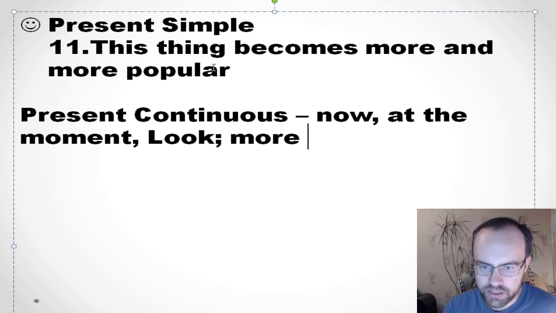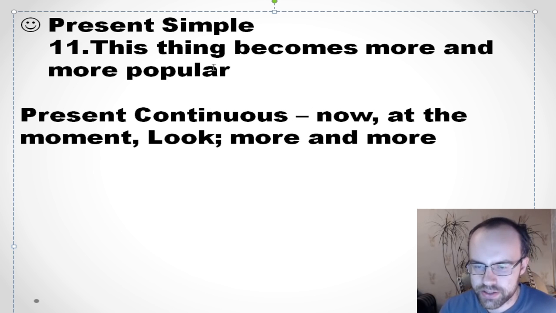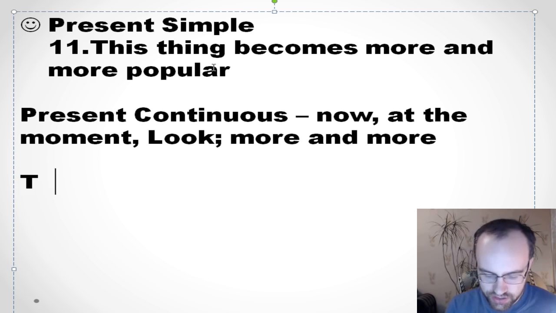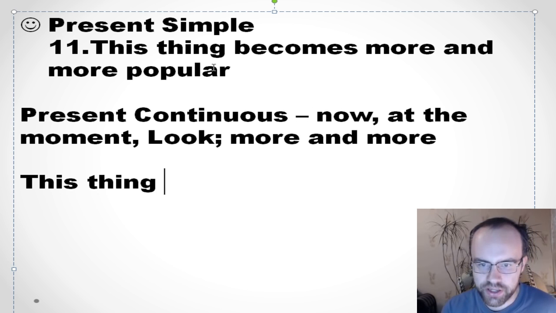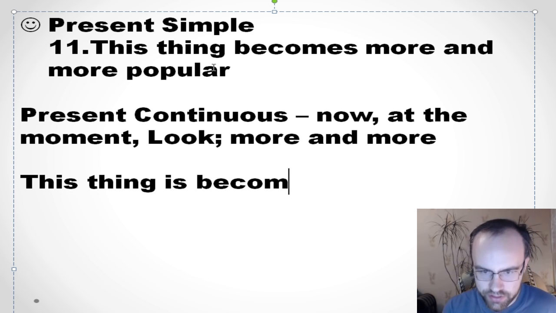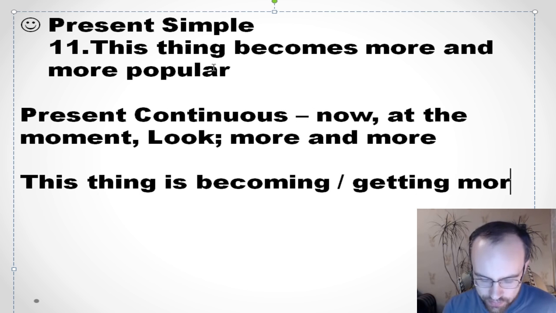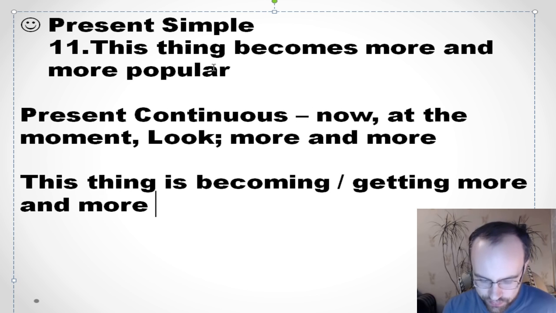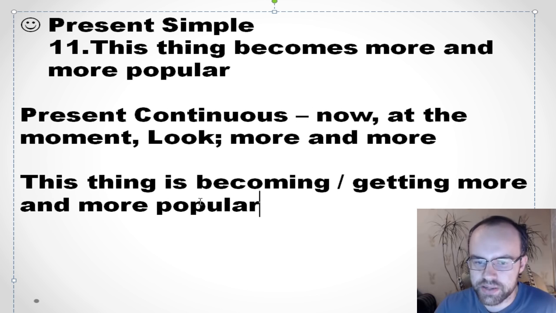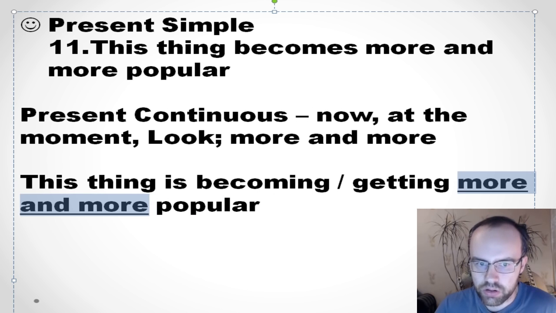If you have a phrase like more and more, it also tells us that we need to use present continuous. And you need to say this thing is becoming or getting more and more popular.